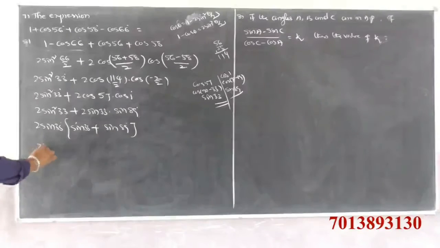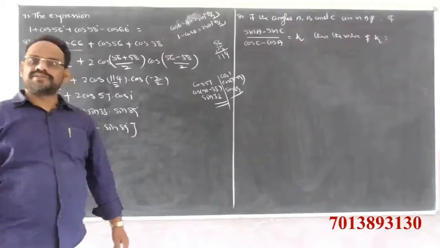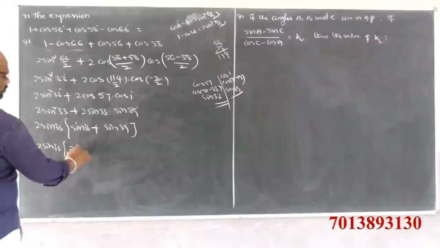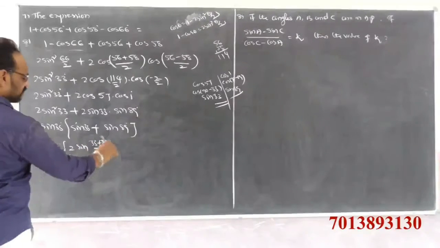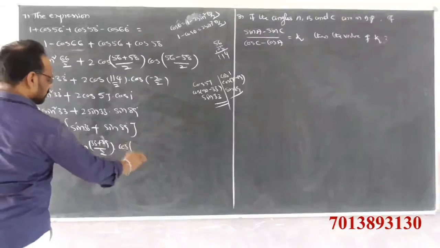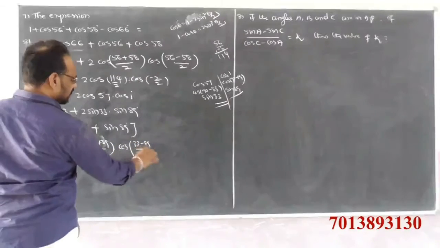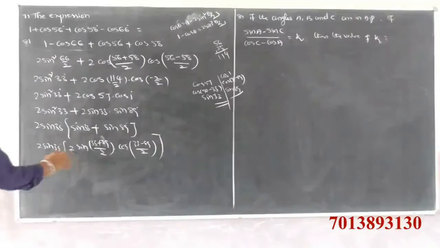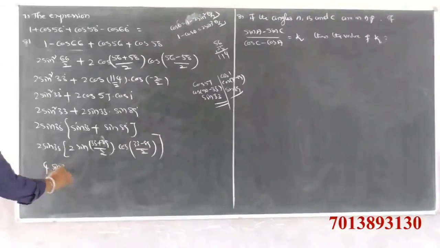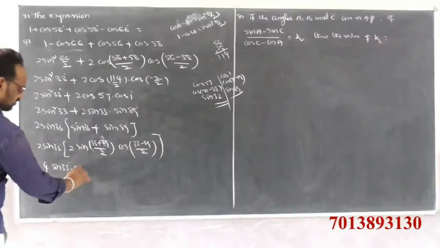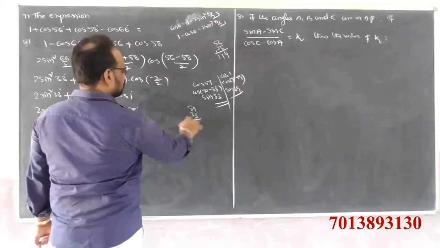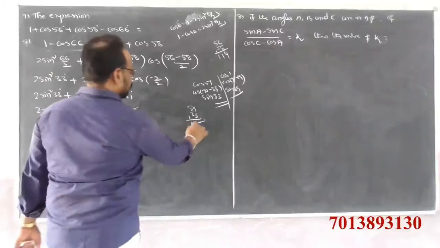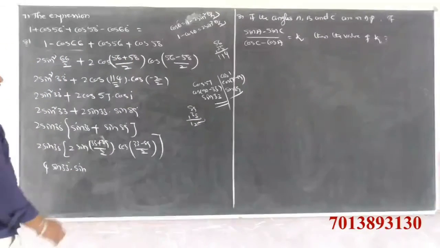Sin c plus sin d is equals to 2 sin c plus d by 2 cos c minus d by 2. 2 sin c plus d by 2, that is 33 plus 89 by 2, into cos c minus d by 2, that is 33 minus 89 by 2. 89 plus 33 is 122, 122 by 2 is nothing but 61 degrees.